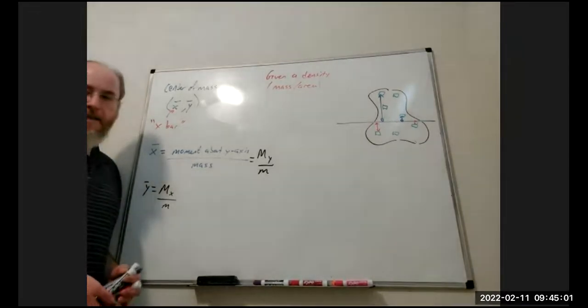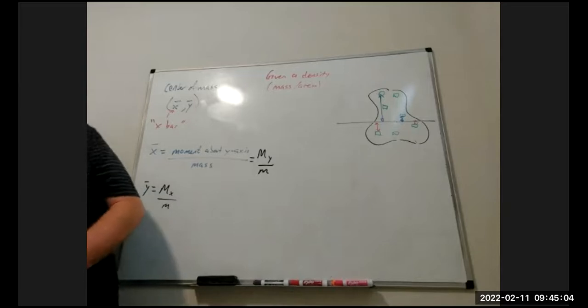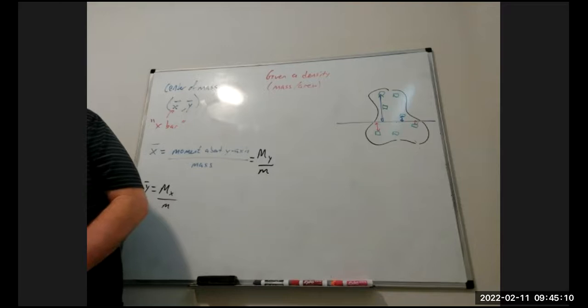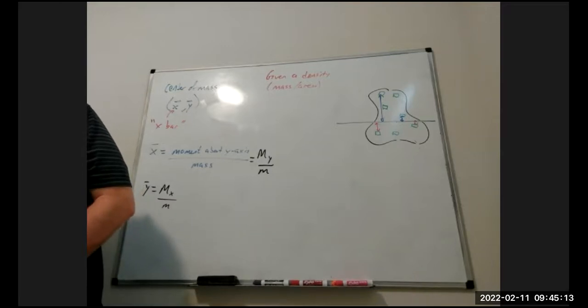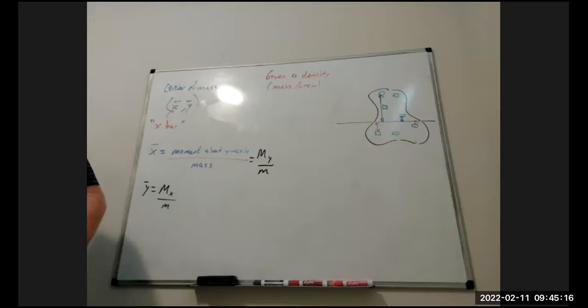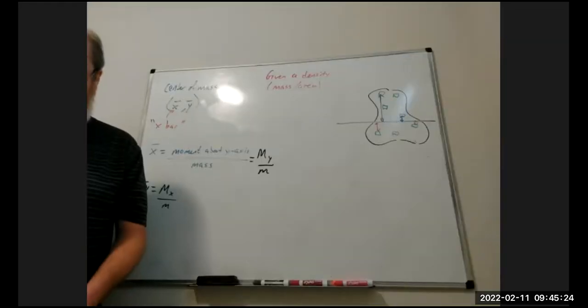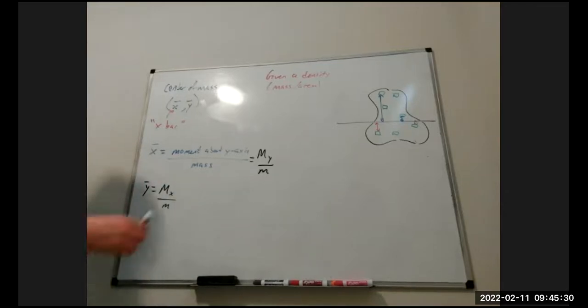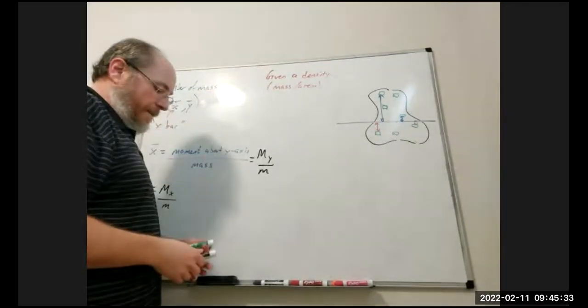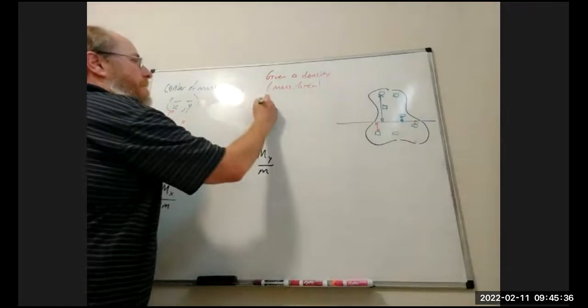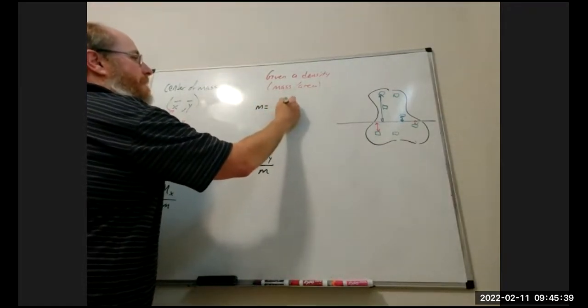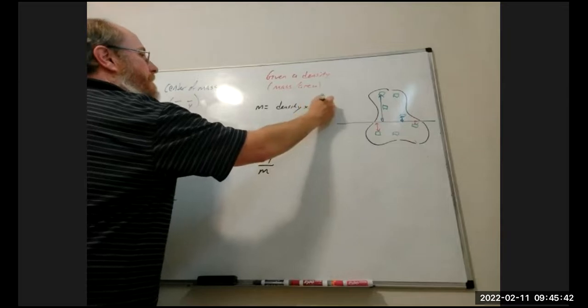And so if we have a density that's a mass per area, what do you have to do to get a total mass? Do you have to multiply by the area? Yeah, it's just times area. Okay, so if we're given a density, then the mass is going to equal that density times area.